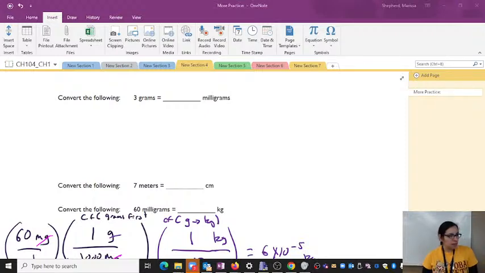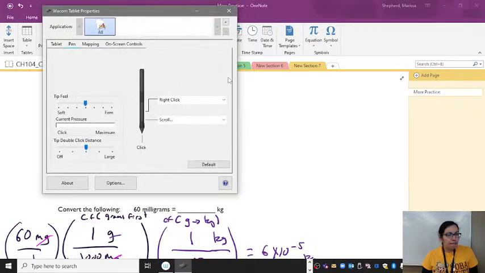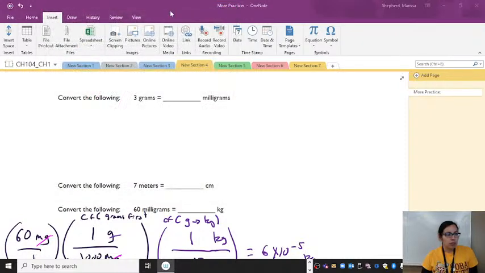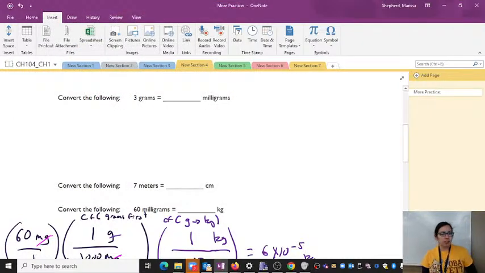I don't understand how I use the same setup, but it likes to change my mapping settings. I apologize. There we go.